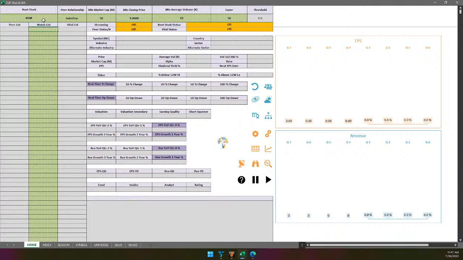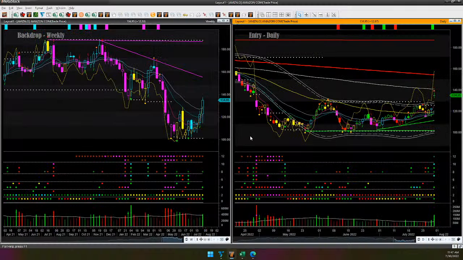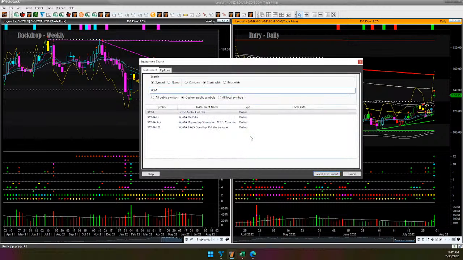American energy giant, Exxon Mobil. Let's look at its fundamental scorecard using Q Vital. And while it is getting data, let's look at its charts. Exxon Mobil.